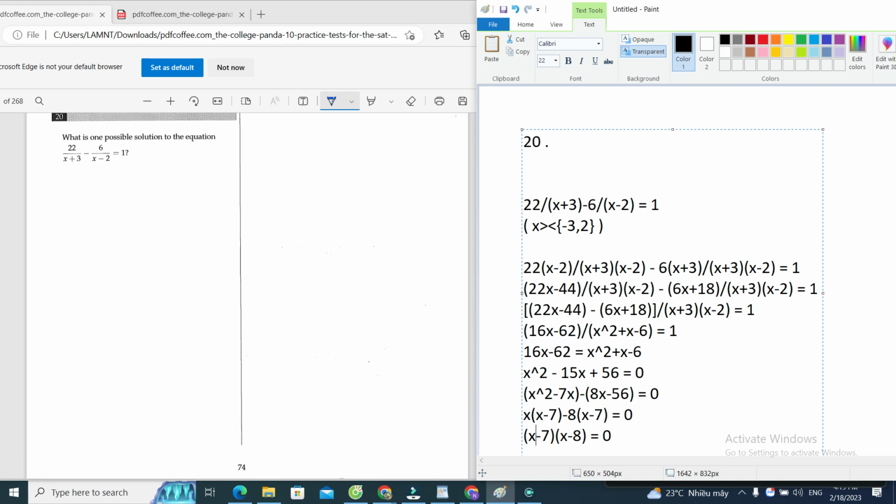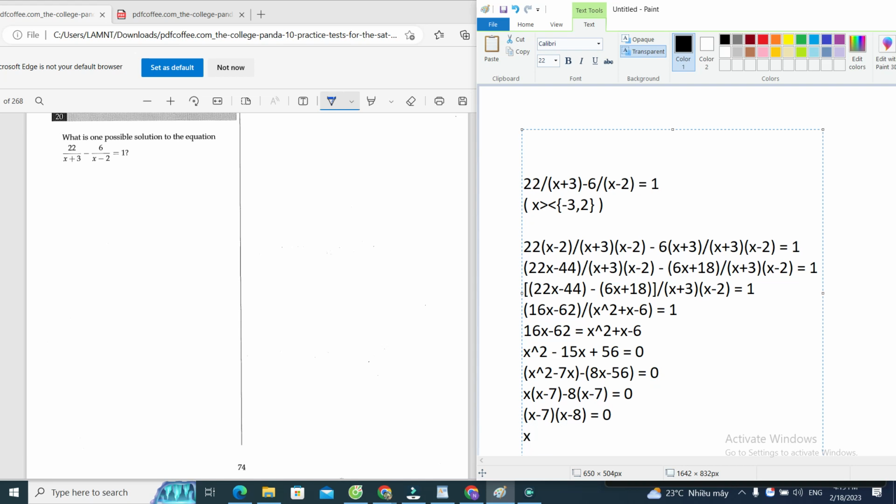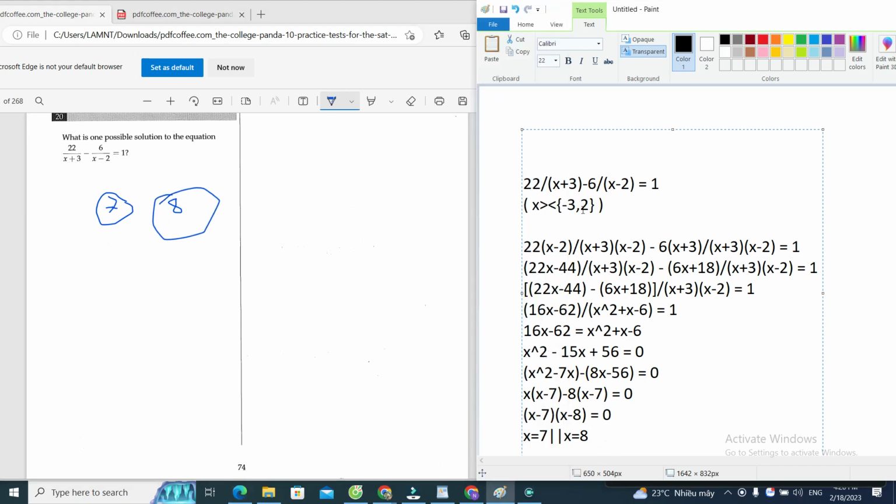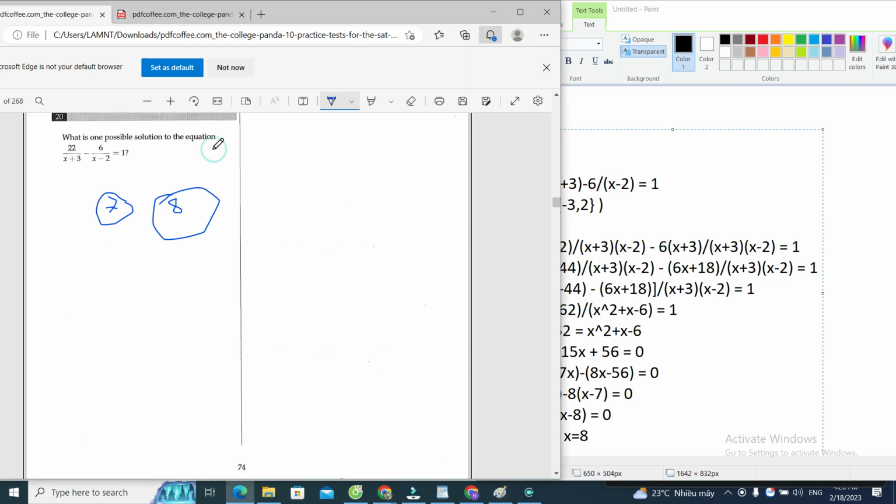So we can conclude that x is equal to 7 or x is equal to 8. So the answer is 7 or 8. Because these solutions satisfy x different from minus 3 and 2, they are legitimate solutions.